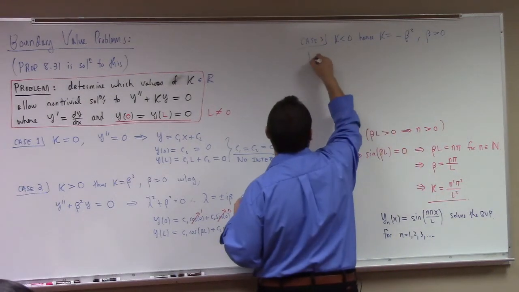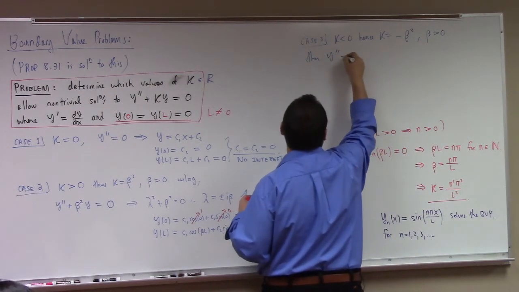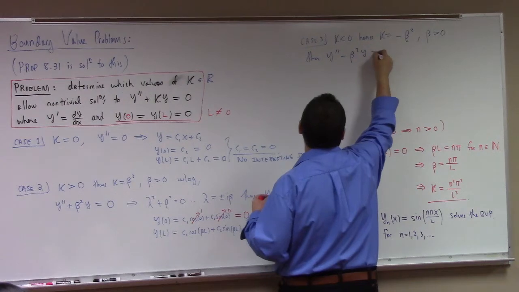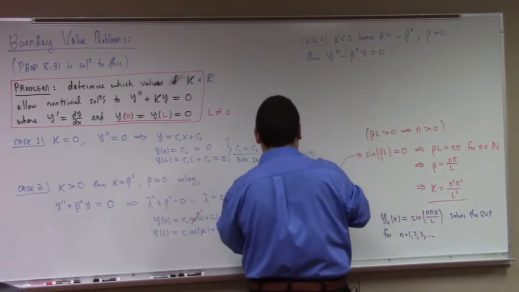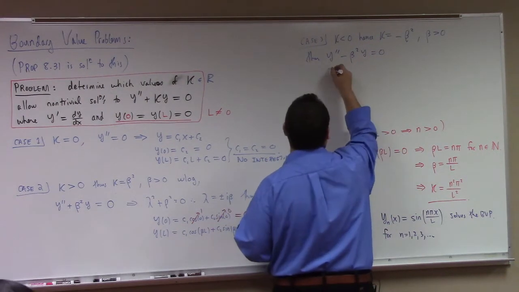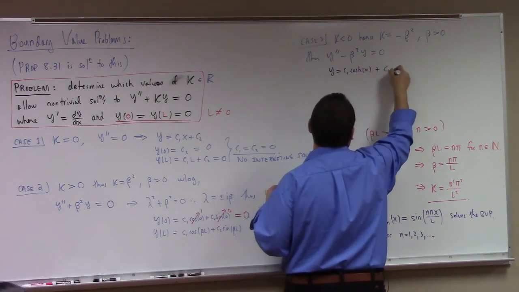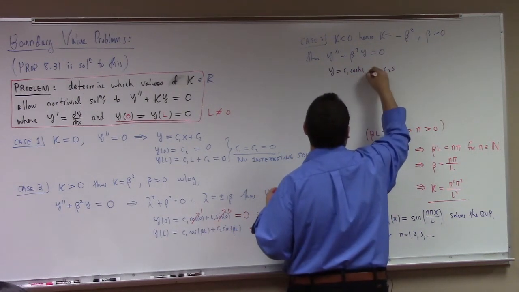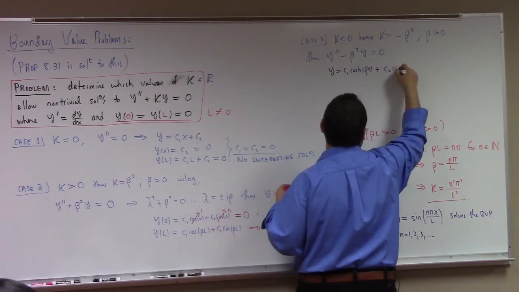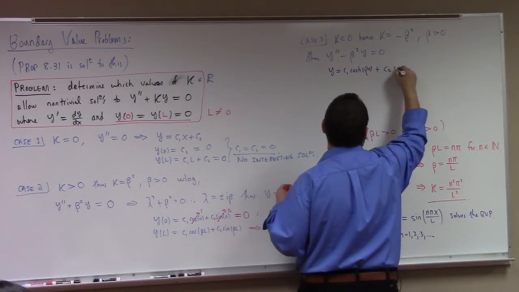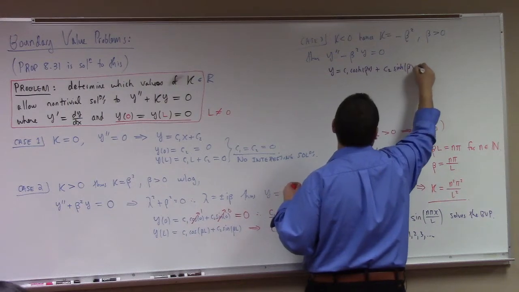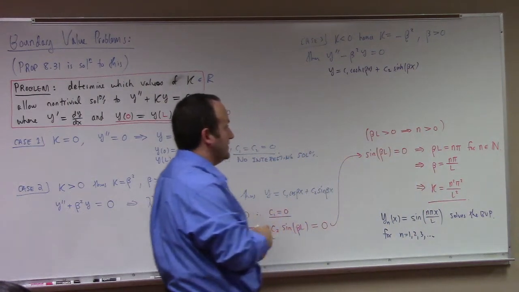And so then we're facing y'' minus beta squared y equals 0, which has solutions y equals c1 cosh beta x plus c2 sinh beta x. That's the smart way to write the solution here.